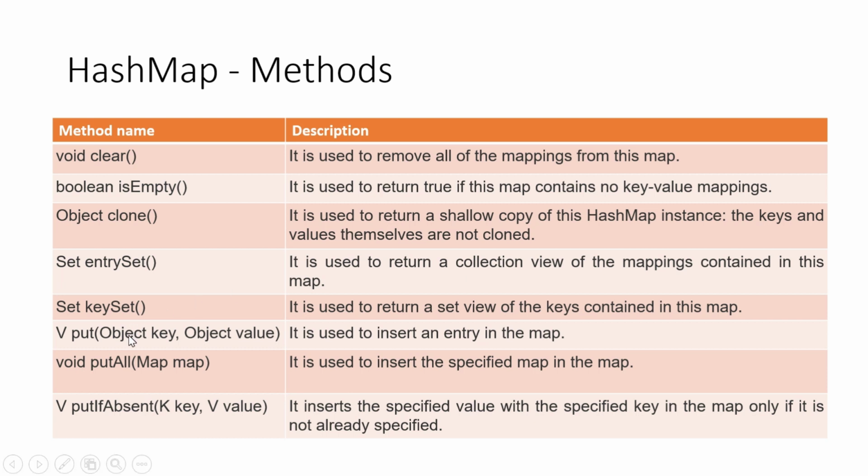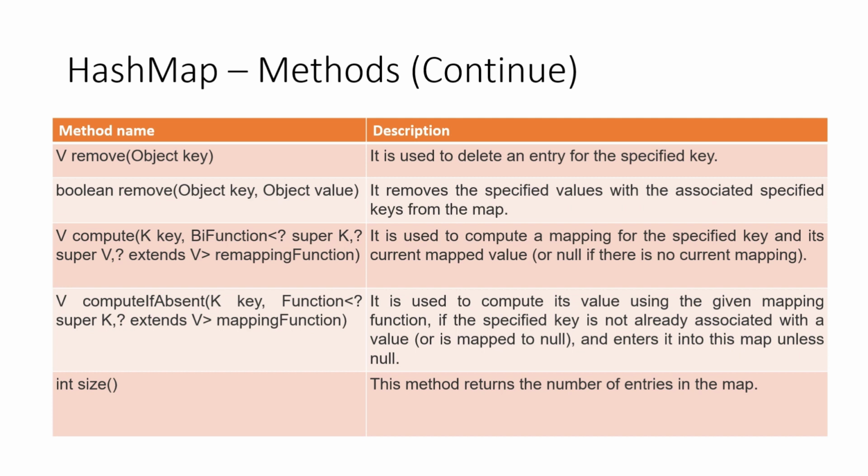put is a method by which we can put a value in the map for a particular key. putAll, we can put a map into another map. putIfAbsent: if the key does not exist, then only it will put; if it is present, then it will not put. remove will remove the key from the map. remove with key and value removes the specified value associated with the specified key from the map.